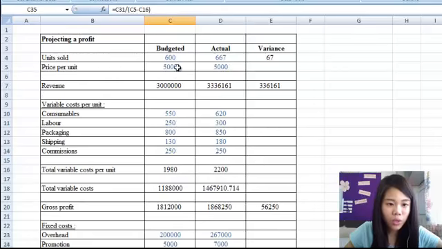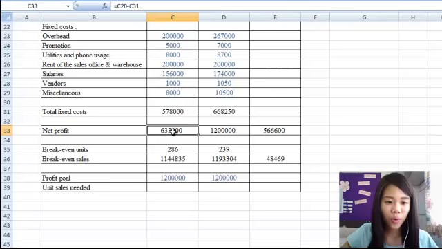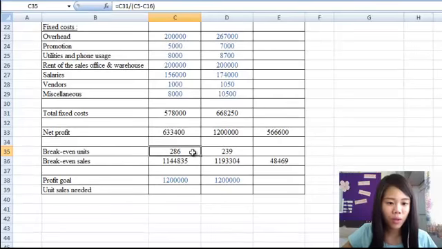When United reduces the price of Panorama to 3,999, the net profit will reduce to 633,400, while the break-even unit will increase to 286.